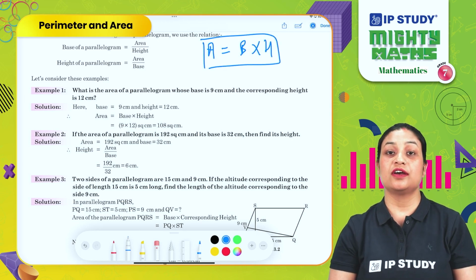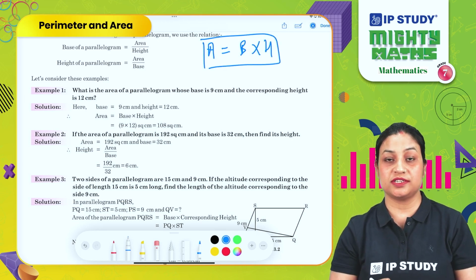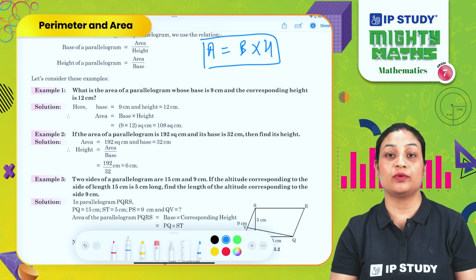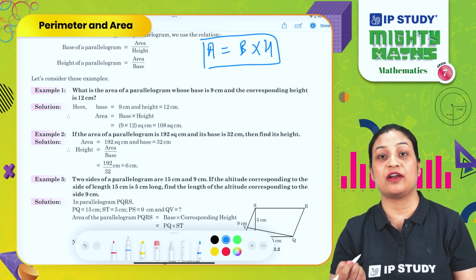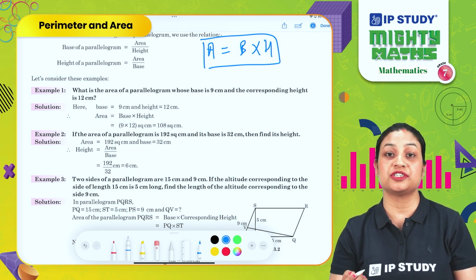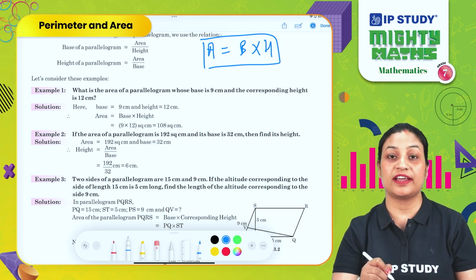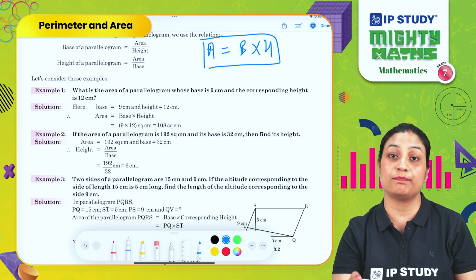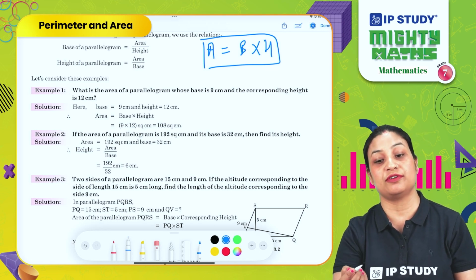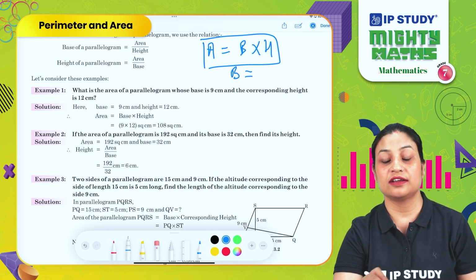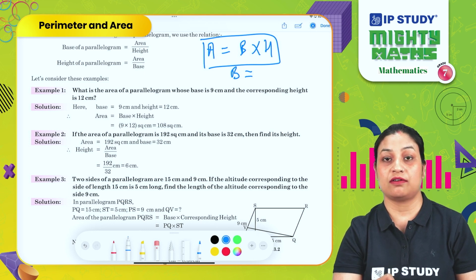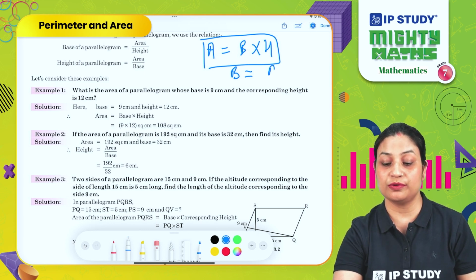Right, students? So you will do some questions based on this formula only, where you have to find out the area of a parallelogram. You will find some more questions where the area is given, height is missing, or area is given, base is missing. In that case, suppose you want to find out base, and area and height are given to you. Then you will simply divide area by height.